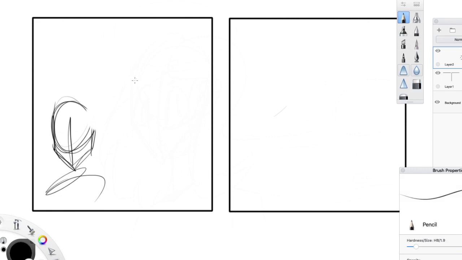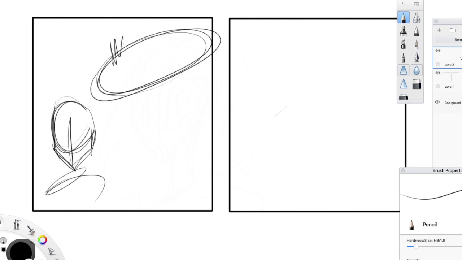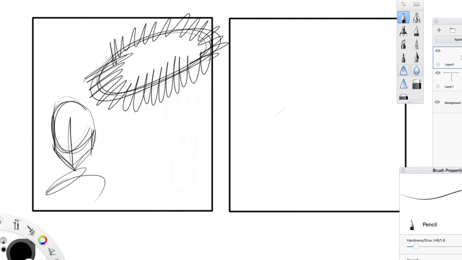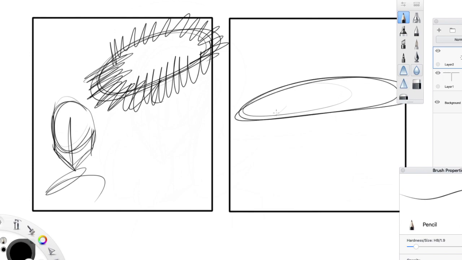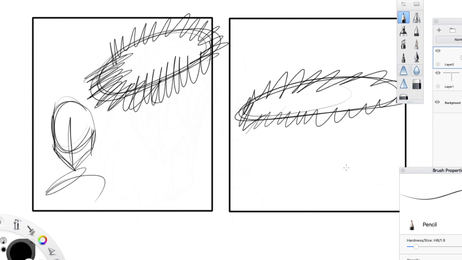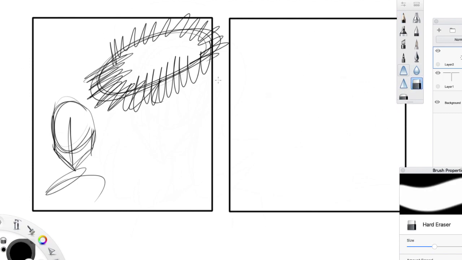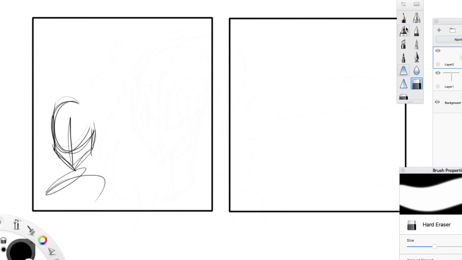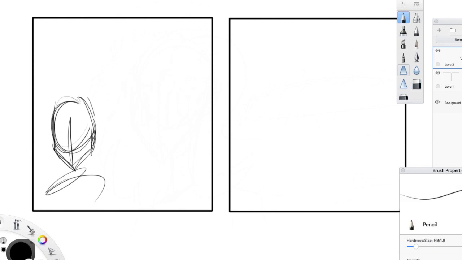Other times I have seen a thought bubble be a circle with lines around it. I'll do it again just so you have a good idea what it looks like. So that's another way you can do a thought bubble. So that's just something to keep in mind.